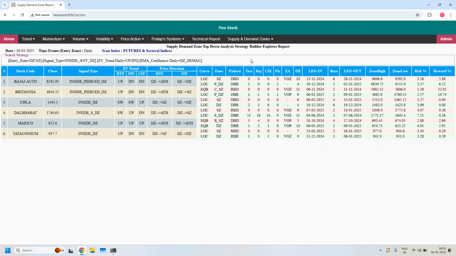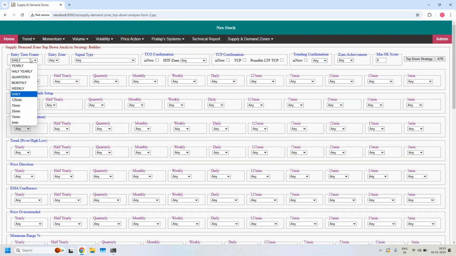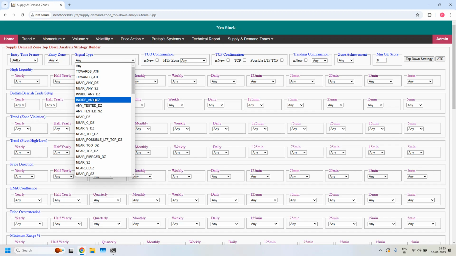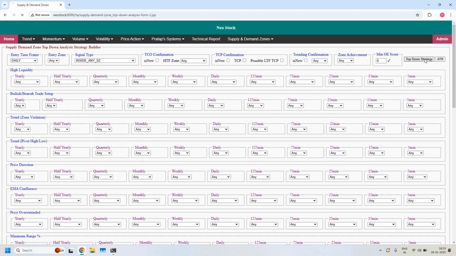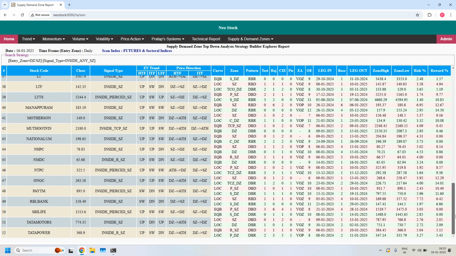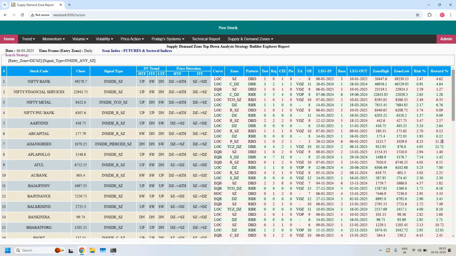Okay, next, for daily time frame, price closed inside the daily supply zone. We got 52 stocks, and we are seeing the first 15 stocks in the list. BANKNIFTY is also in the daily supply zone.